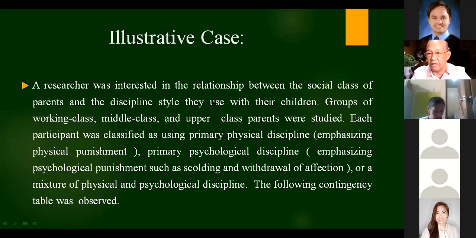So here is a classification. When we say social class, the researcher categorized the data in terms of working class, middle class, and upper class parents. I hope that's clear. When we talk about social class, we mean working class, middle class, and upper class parents. Is that clear to the group? Can you follow?